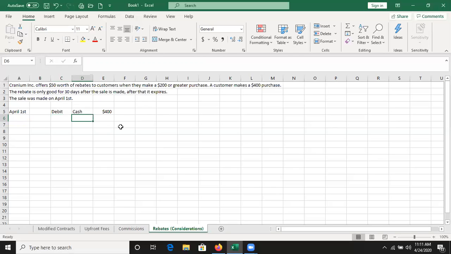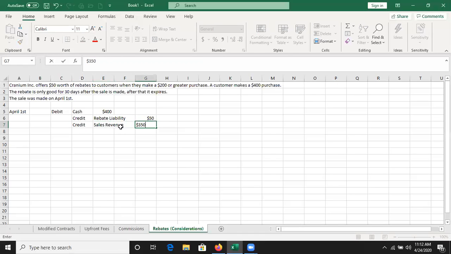So whenever a customer qualifies for a rebate, again, even though they have to work for the rebate, they have to send it in, we are going to credit a rebate liability account of $50. Okay, so this means we may have to pay them $50 back in the future. So $50 liability account, and then that means we can only recognize sales revenue of the difference, $350. Okay, so this is how GAAP says do rebates.